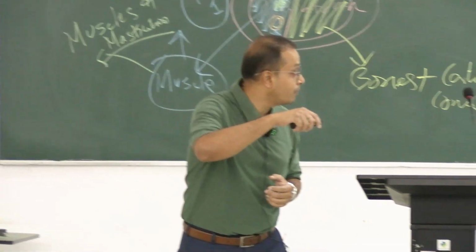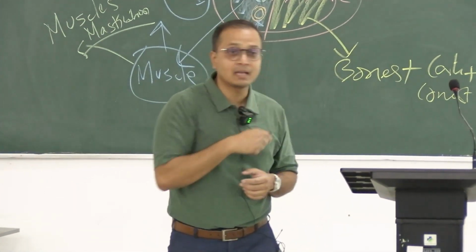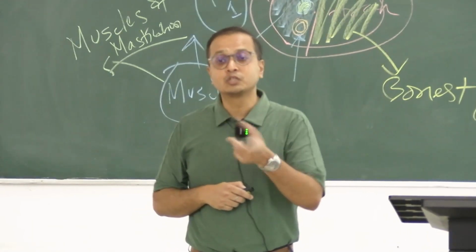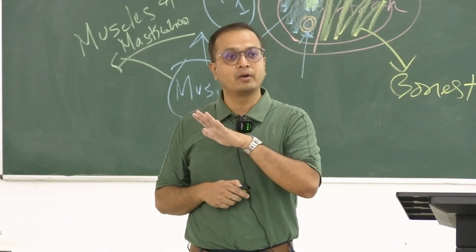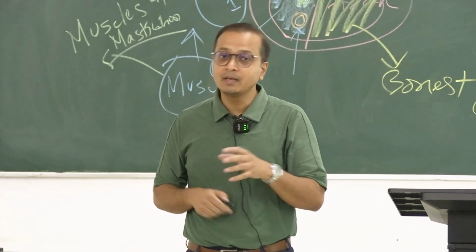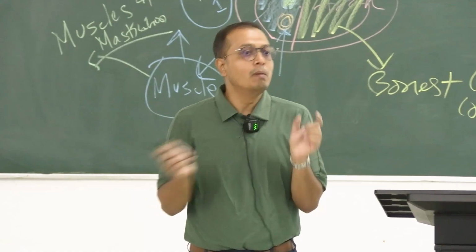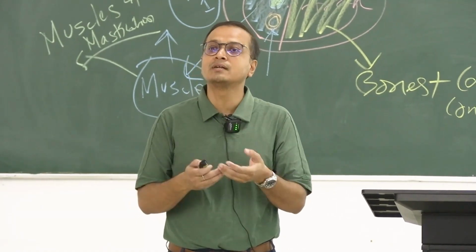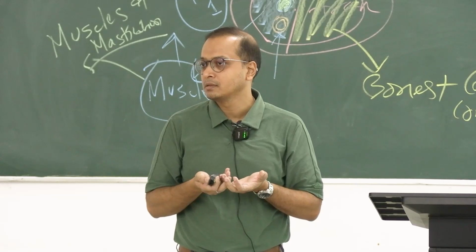If you see this particular branch, we call it the anterior belly of digastric. The other belly we call the posterior belly of digastric. The source of the posterior belly of digastric is different, and so it is supplied by a different nerve. So in the same muscle, two bellies are supplied by two different nerves because they originate from different sources.